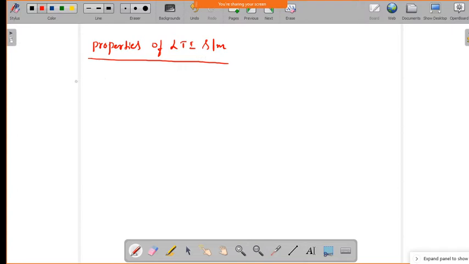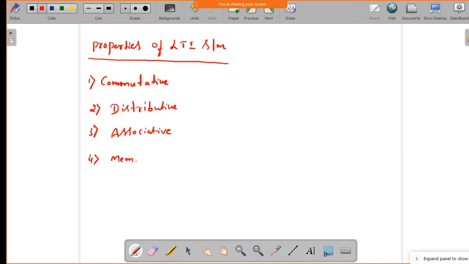So what are all the properties? The first one is commutative property, the second one is distributive property, the third one is associative property, the fourth one is memoryless, the fifth one is causal, and the sixth one is stability property.